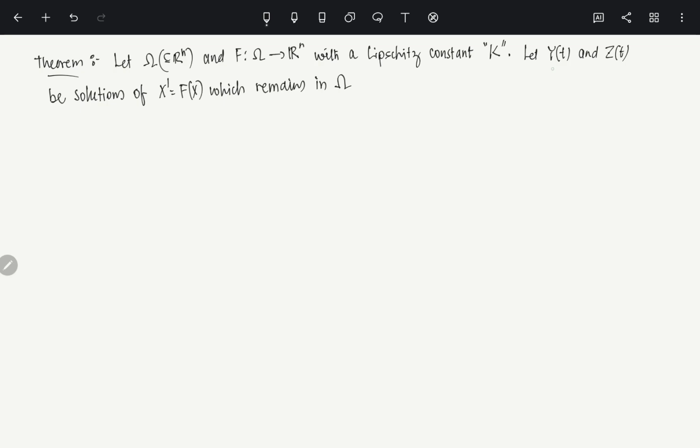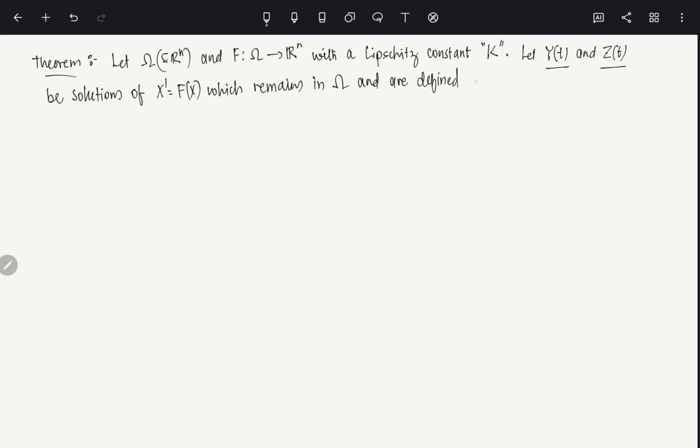So basically here I am starting out with y and z, which should always be in omega and are defined on some interval. Let's just put the interval as t0 to t1.